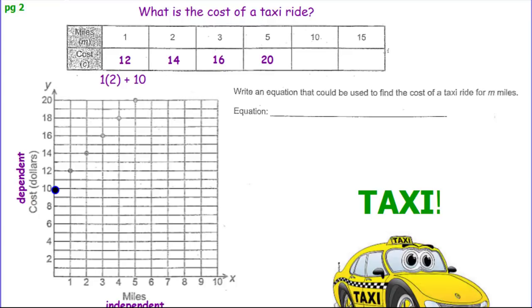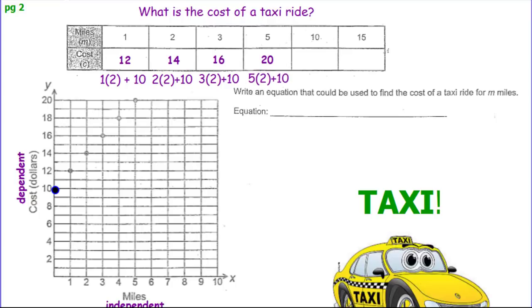So let's see if our expression holds. If I go 2 miles, is it still $2? Plus 10, well, 2 times 2 is 4, plus 10 is 14. Okay, so let's check the next one. 3 times $2 plus 10 is 16. Okay, so that leaves us to this.